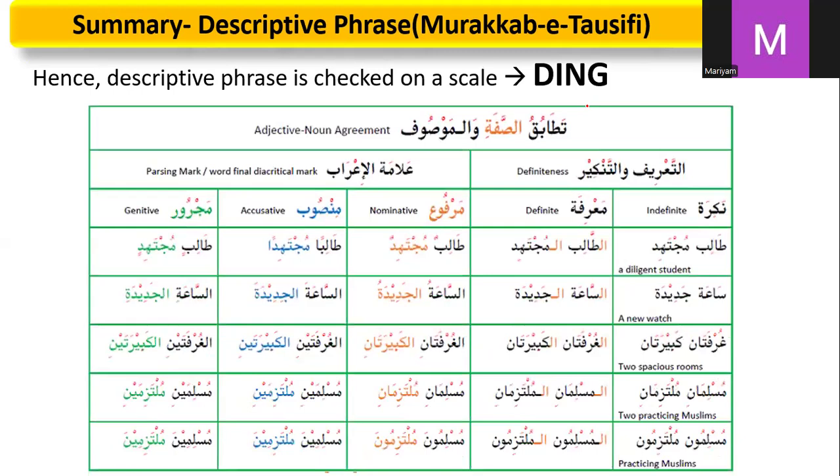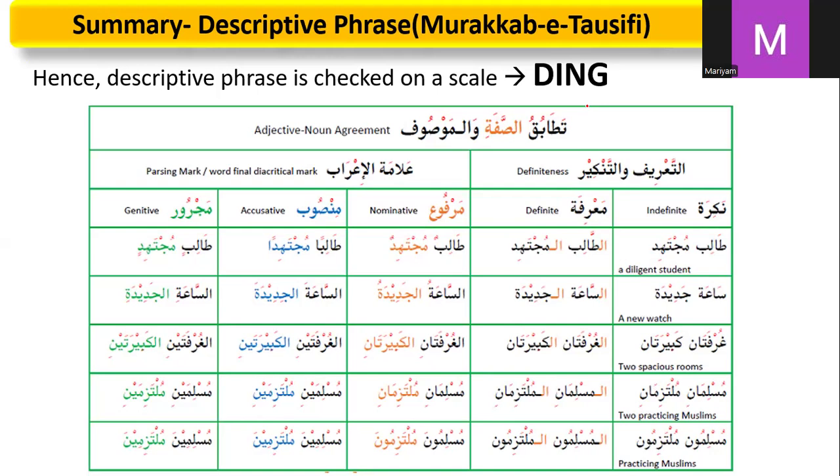So this is also, I have taken some examples. There are different ways we can define definite or indefinite. So here, talibun mushtahidun, if it is indefinite. In the definite state, at-talibul mushtahidu. So nominative, accusative, and genitive.